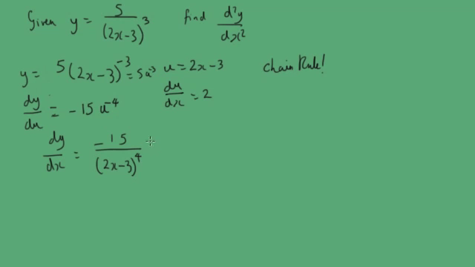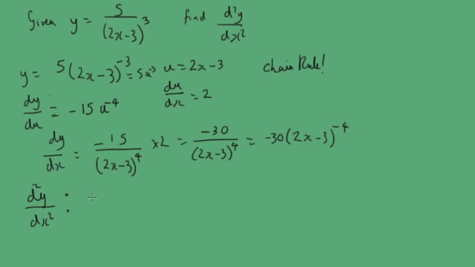So that's minus 30 over (2x minus 3) to the power 4. But I'm going to keep it as this actually for the next part because it'll make it easier. So then the second derivative, we will again use the chain rule.